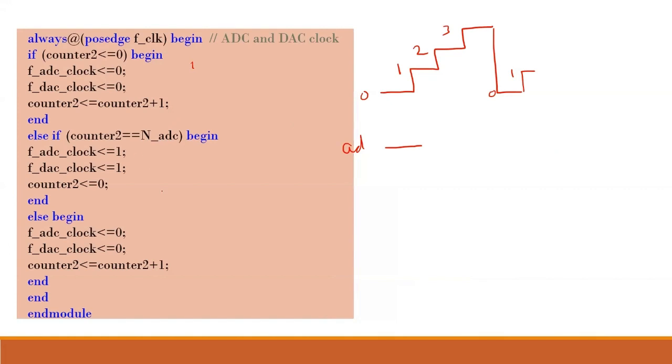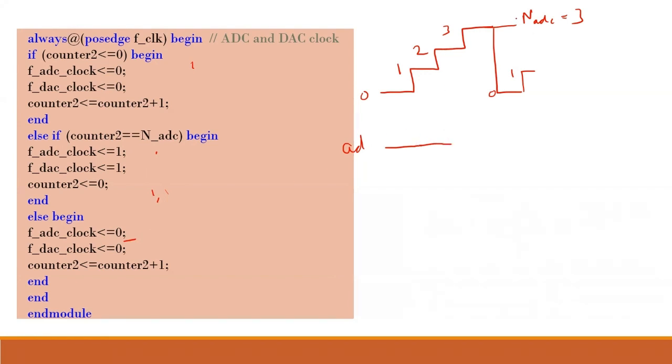Then there's a condition: if counter 2 is equal to NADC. This NADC is my maximum value of 3. If it is that, then the ADC clock should be 1. But now my counter 2 is less than NADC, so it will come over here and keep my ADC clock 0.